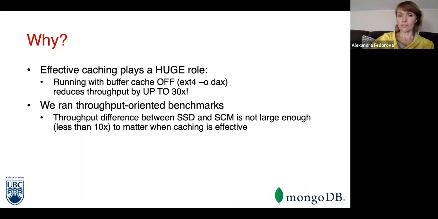Each benchmark uses a bunch of threads, and they're all trying to get as many operations per second as possible. And so in terms of throughput, the difference between SSD and storage class memory in our configuration was less than 10x, not large enough to really make a difference in the conditions when caching is rather effective.